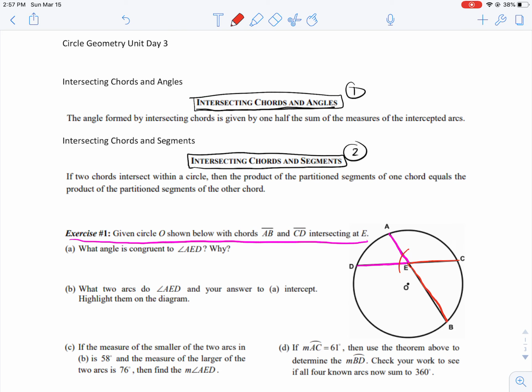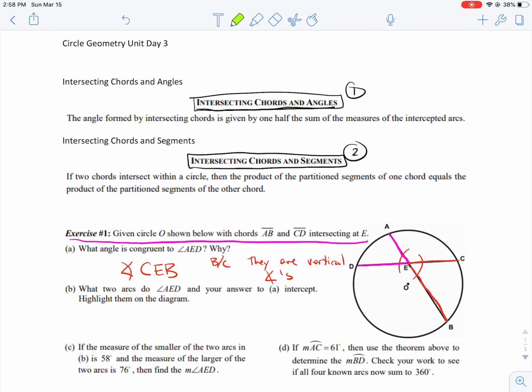So this angle should be congruent to angle CEB because they are vertical angles.